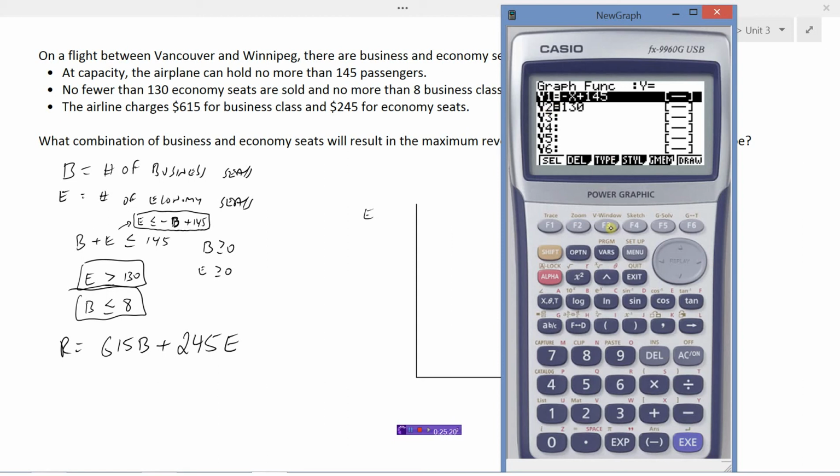So I'm going to go change the type here to Y is less than or equal to. I'm going to hit F4 in there, and notice how this has changed to less than or equal to. Whoops, don't want to draw quite yet. And this one here, I want to be y is greater than 130. So I go in here and change the type to y is greater than 130.